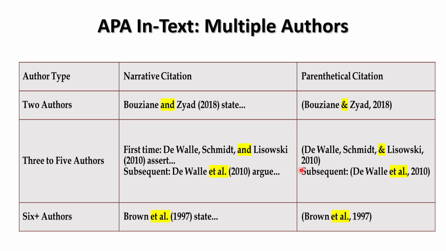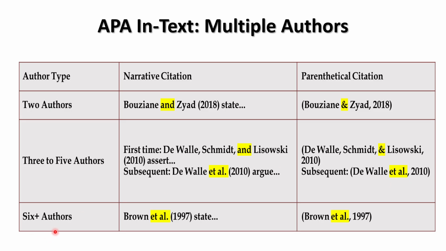In subsequent citations, you do the same as in narrative citation with 3 to 5 authors: include the first author's name, followed by et al., then a comma, then the year of publication.